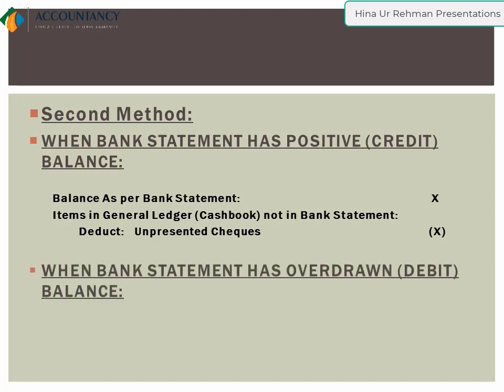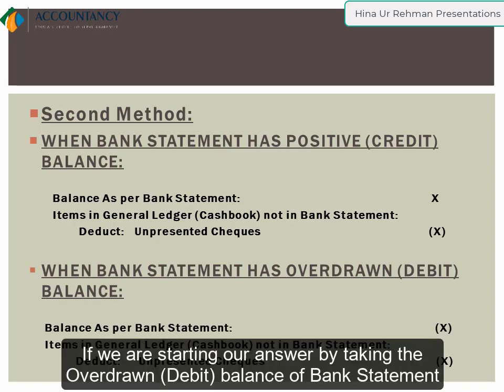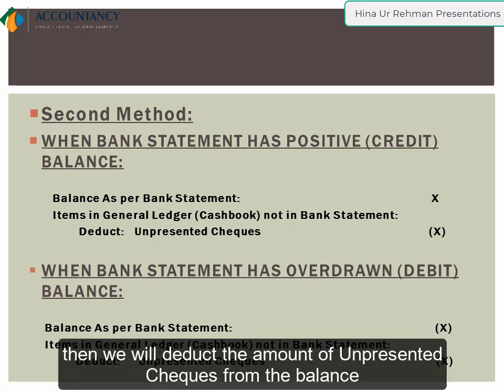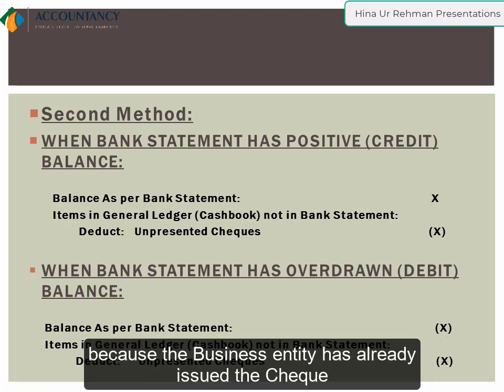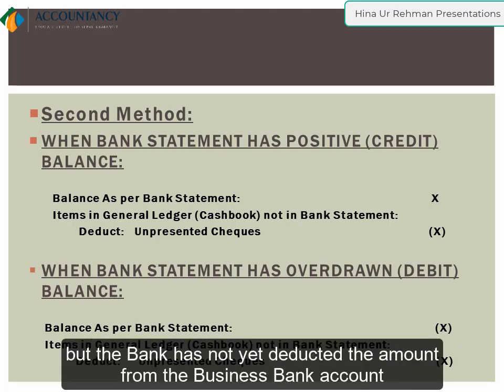When bank statement has overdrawn debit balance. If we are starting our answer by taking the overdrawn debit balance of bank statement, then we will deduct the amount of unpresented checks from the balance, because the business entity has already issued the check and recorded it as a payment, but the bank has not yet deducted the amount from the business bank account.